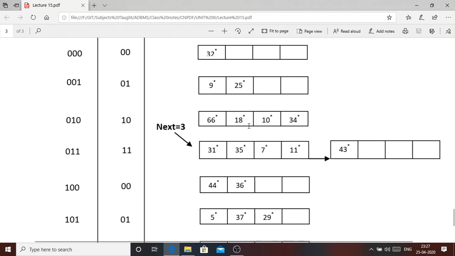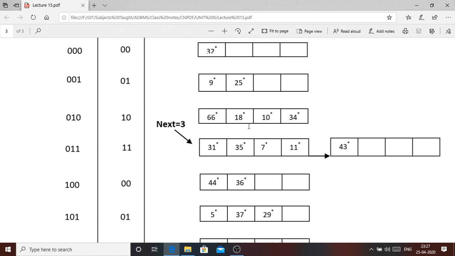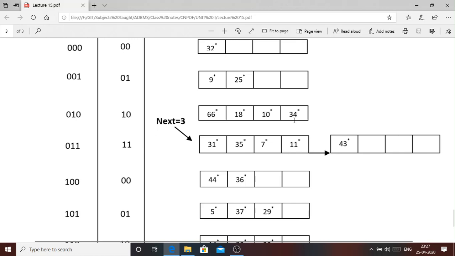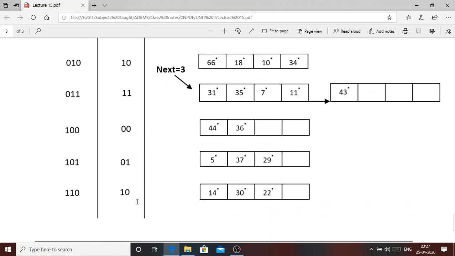And after 66 there is 34. For 34 the last 2 bits are 10 and the last 3 bits are 010, so 34 got inserted here. There was one more space here because 30 was actually shifted to the last bucket. If you convert 30 to its binary equivalent, you get the last 3 bits as 110 and the last 2 bits as 10.